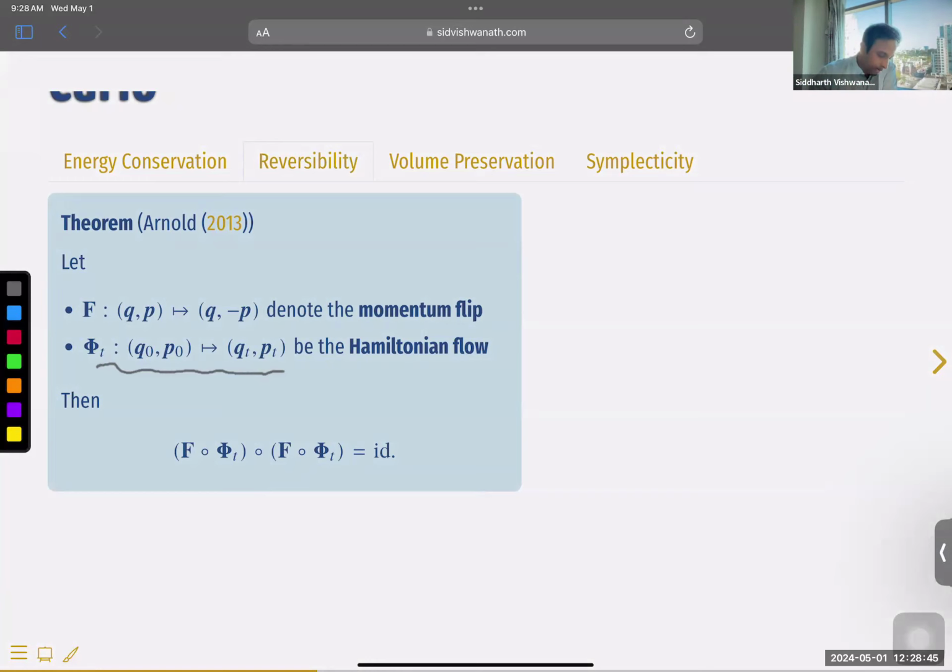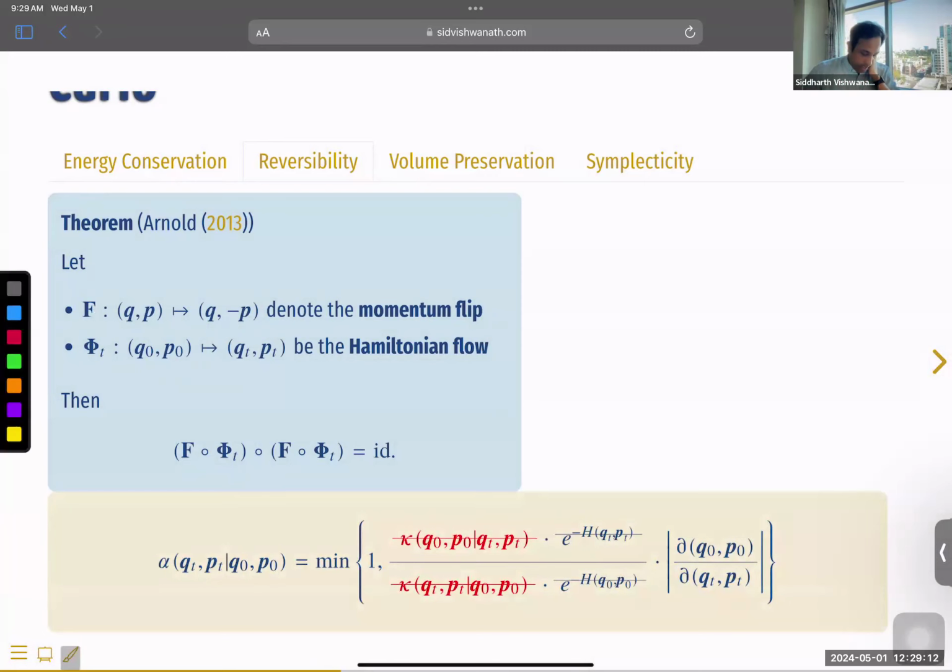But if you augment it with this momentum flip operator, which takes your position and momentum q and p and just flips the momentum, then it becomes an involution. So this says that I can satisfy detailed balance, but it also says something more: if you look at this acceptance probability, these terms over here also get canceled because they're both identically 1.